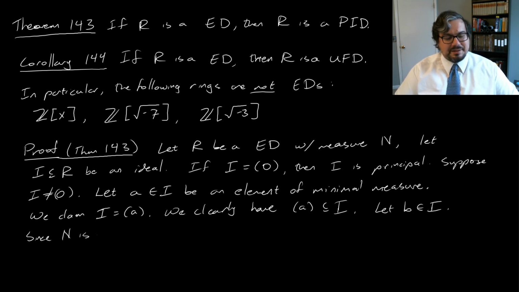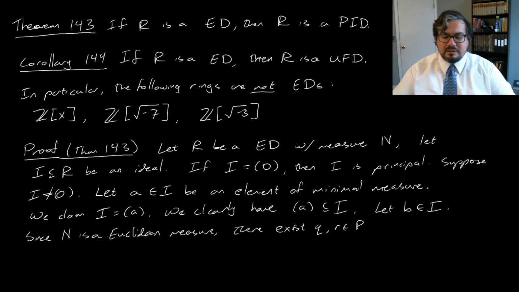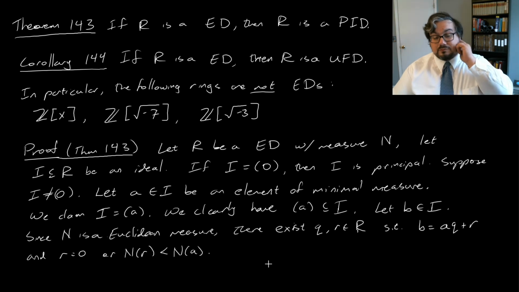Since N is a Euclidean measure, there exist Q and R inside the ring R, such that B is equal to AQ plus R, and R is equal to 0, or the measure of R is less than the measure of A. So this is just by definition.